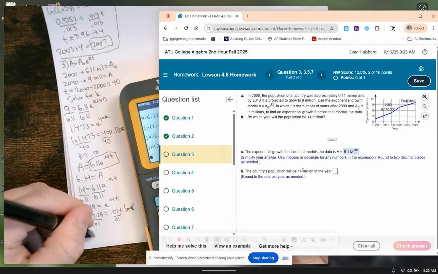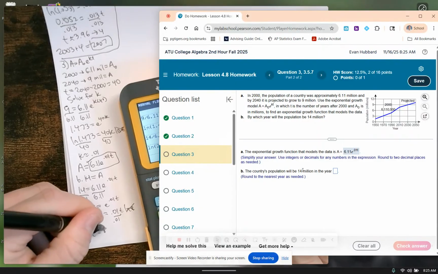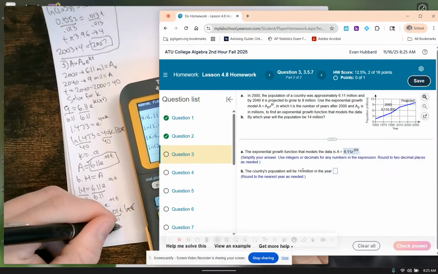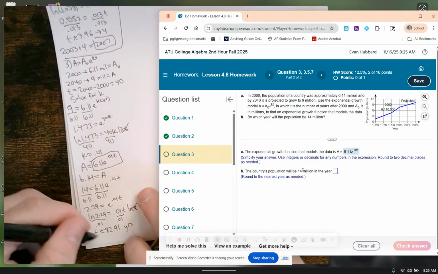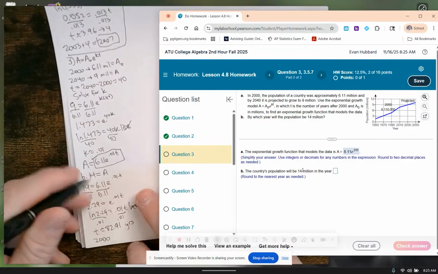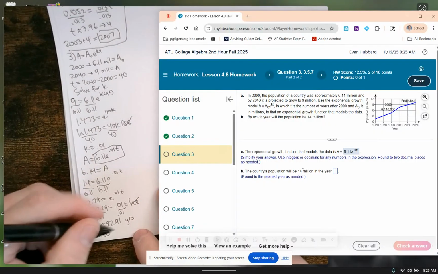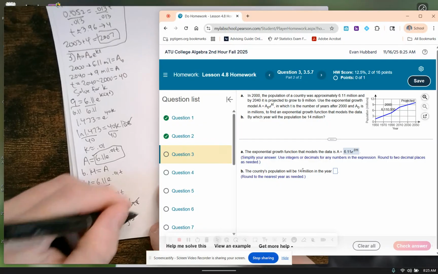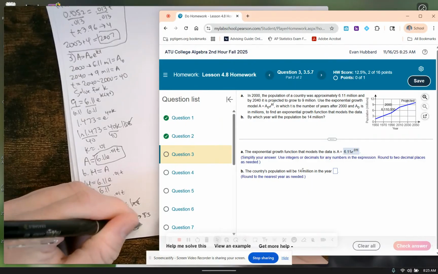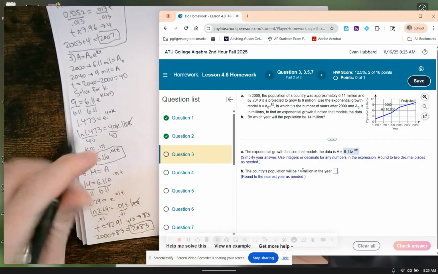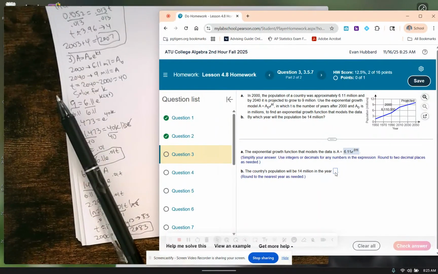And so t is going to equal 82.91 years. Now you're going to add that to your 2000. We're going to the nearest year, right? So 2000 plus 83. So it'd be 2083.